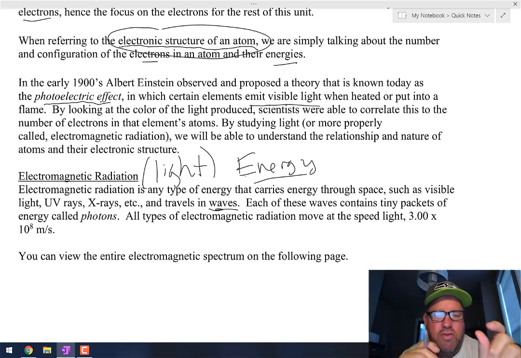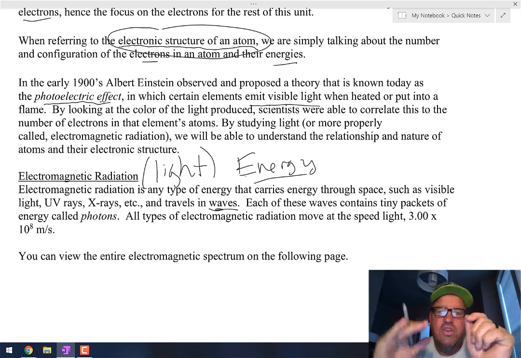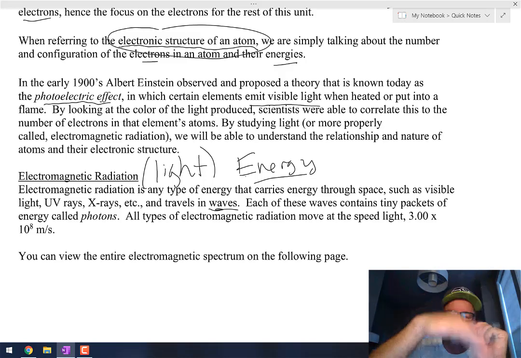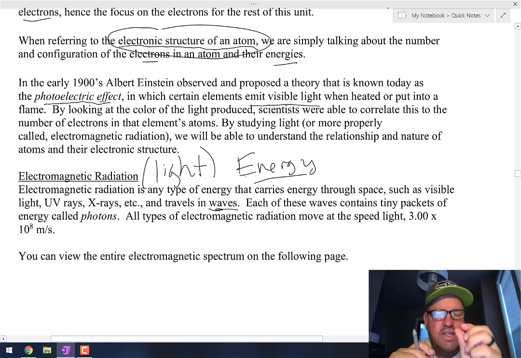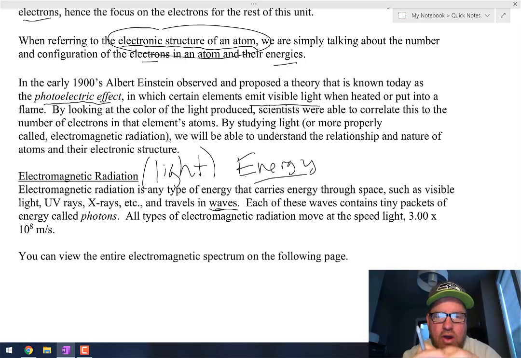Okay, so think of light traveling in a wave up and down, and that light is traveling in almost like a train car. Think of a tiny little train car where once you fit all the people into the train car, it's full, and you can't fit any more people in it. So what happens? Well, then you go to the next train car, and you keep going.